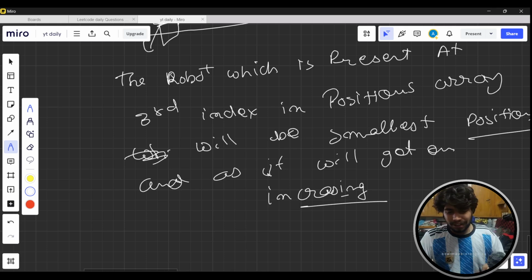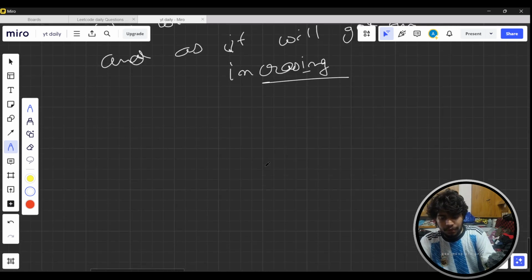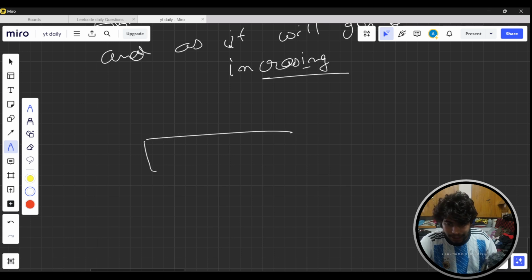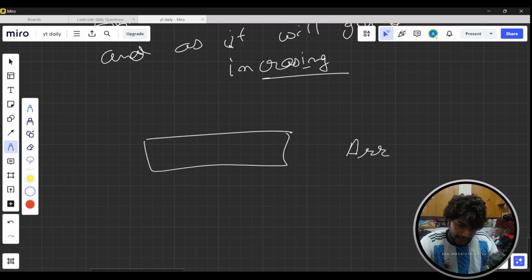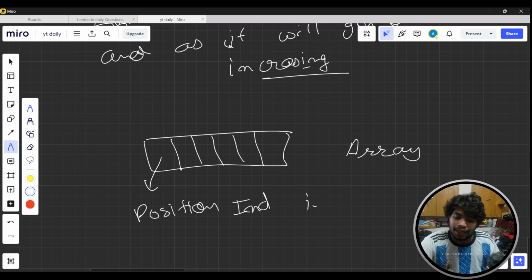What I have to do here is create an array containing position index in sorted order.